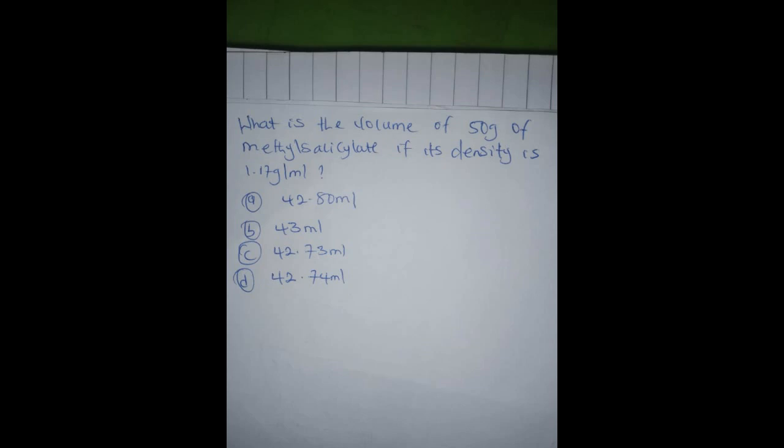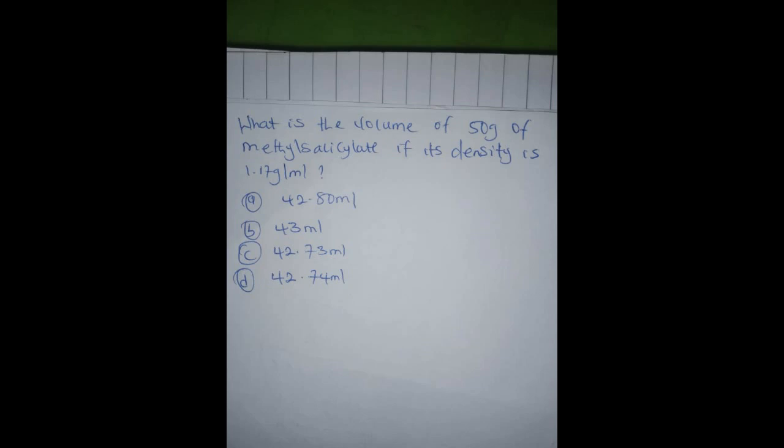So that's why you get something like 42.74 mL. But if you choose 42.73 mL, that means you are throwing that 5 away. It's too big to throw away. I wouldn't throw it away. So that's why I will not choose option C.